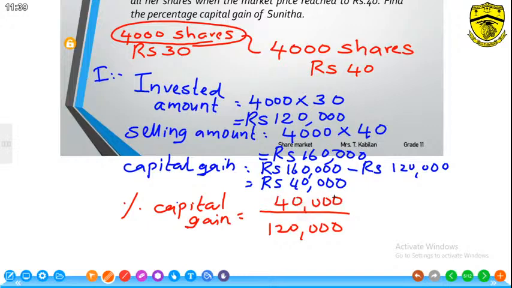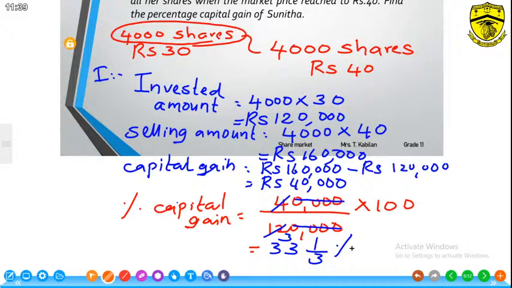So convert into 100 to obtain the percentage of capital gain. The zeros cancel out, and 4 into 3 is 12, so 100 by 3, that is 33 and 1/3% is the capital gain of Sunita. This is method 1.